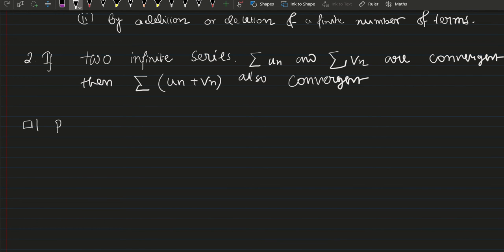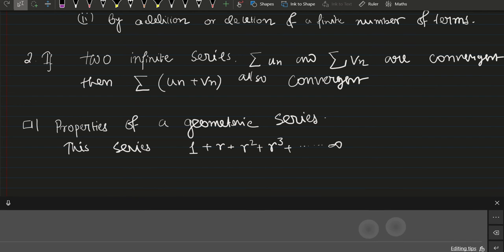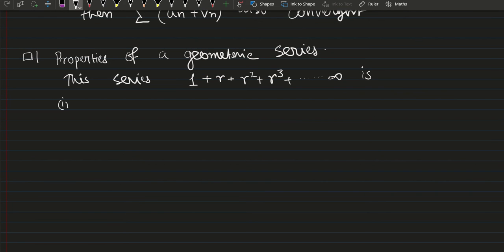Let's take a series: the first term is 1, then the second term is r, plus r square, plus r cube, plus dot dot dot, infinite. The first case is convergent.